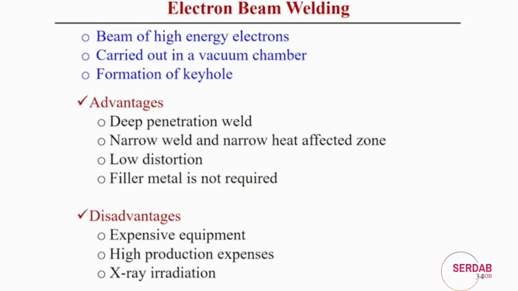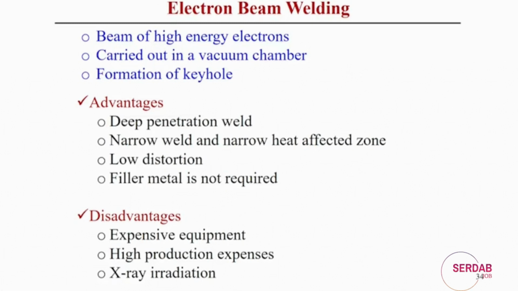It also follows the keyhole mode, which means an even higher depth of penetration can be achieved using electron beam welding as compared to the laser beam welding process. If we look precisely at the advantages, deep penetration welds can be produced, and an even narrower zone and heat affected zone, or narrow weld, can be produced as compared to laser welding.